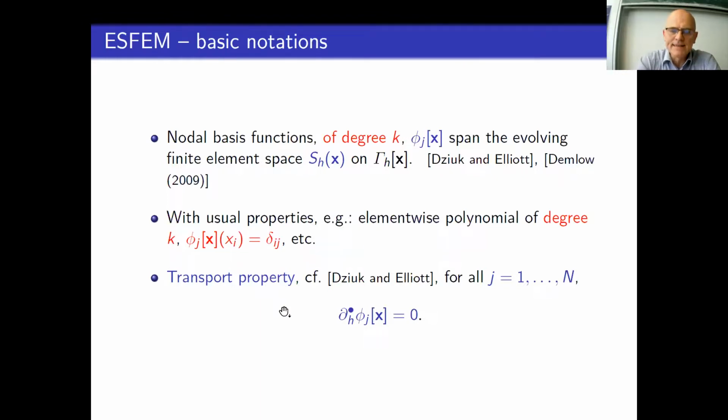For those of you who know finite elements, there you always have basis functions, let's say, which are 1 in one node and 0 in the other nodes. And the nice thing here is you can now look at evolving basis functions, and they have a material time derivative which is equal to 0, and this greatly simplifies the method.